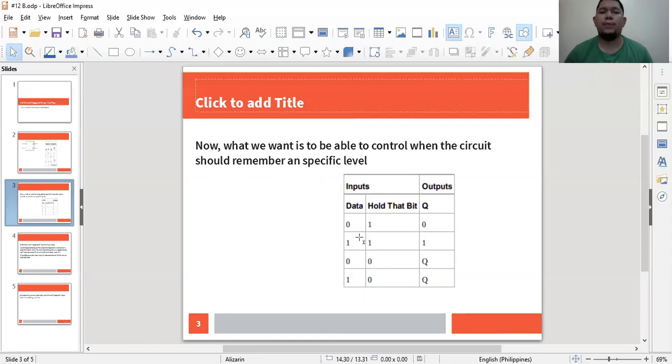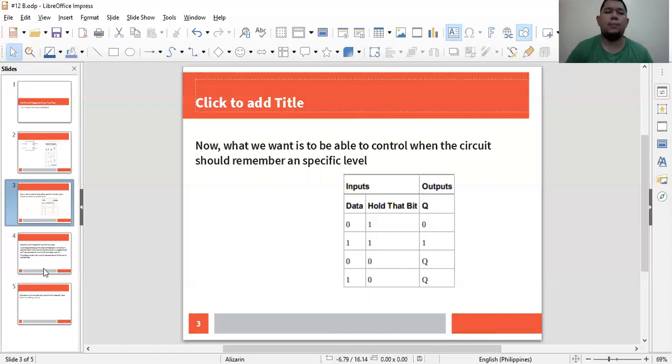And vice versa with the input. When we change the input value of data while we hold that bit value at 1, it stores this current state. So if ever we change the hold that bit value to 0, regardless of whether we change the data input to 1 or 0, it remembers the old value. It remembers 1.